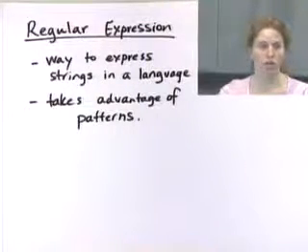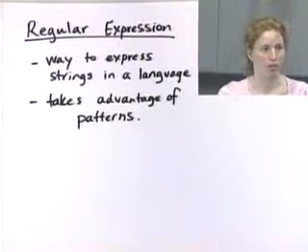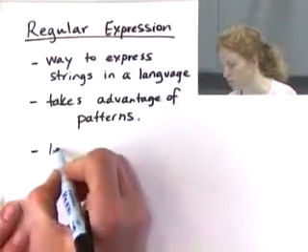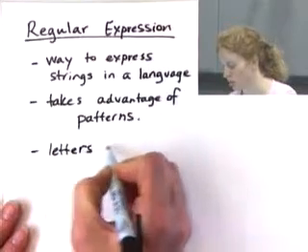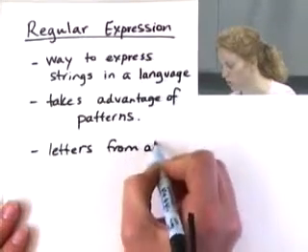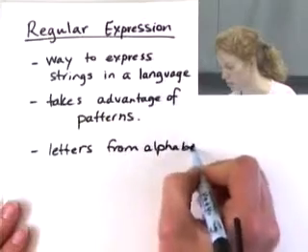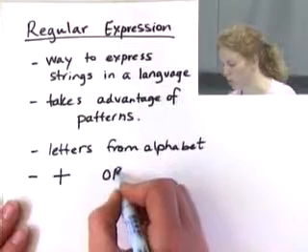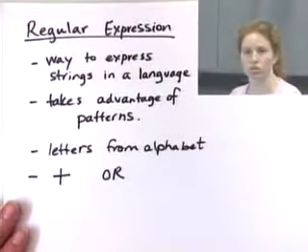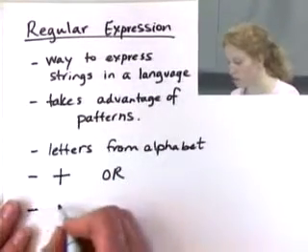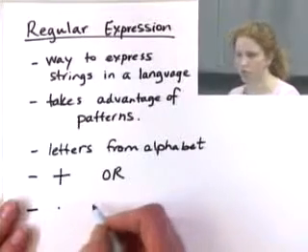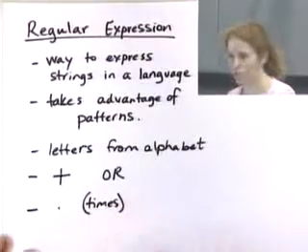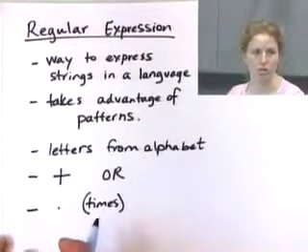So we can use regular expressions for any kind of patterns that we want. The things that we're going to use in a regular expression are going to be letters from the alphabet, whatever kind of letters you want to accept in your language. We're going to have the operator plus, which means or, and times, which is not written; it just means leave the letters in sequence.